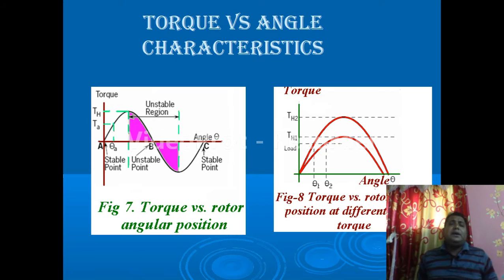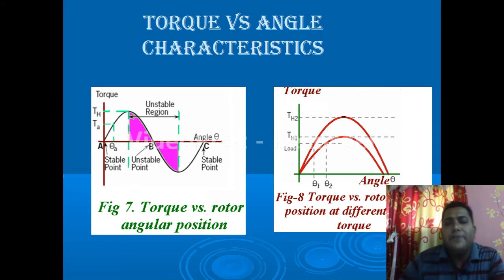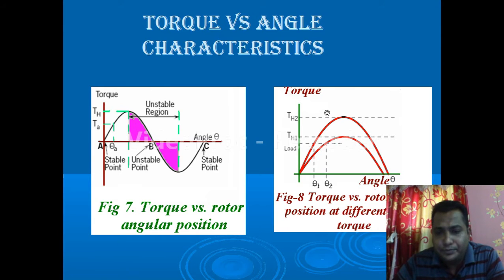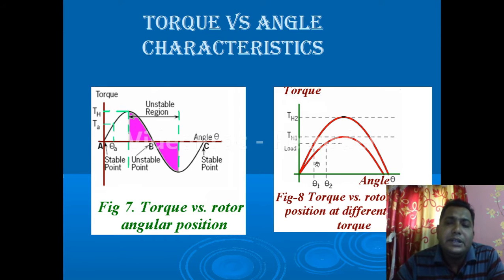In this way, with the change of the angle, the torque is changing. And as we can see over here, this is holding torque 1, and this is holding torque 2. So different torque levels are represented in the right hand side diagram, which is representing that for the same load line.